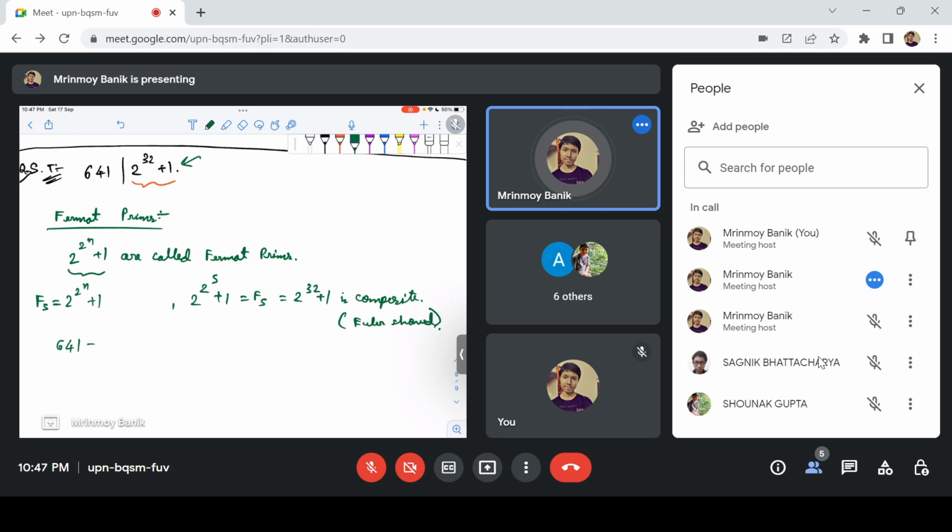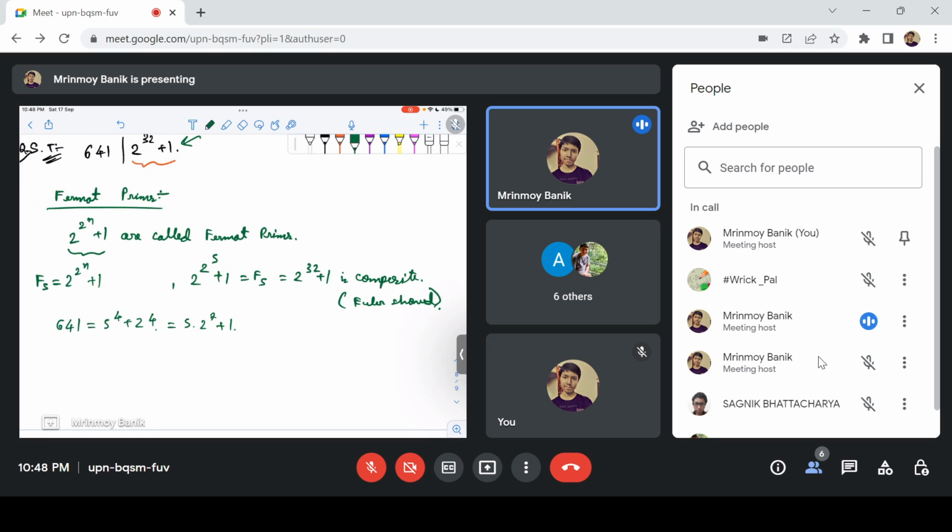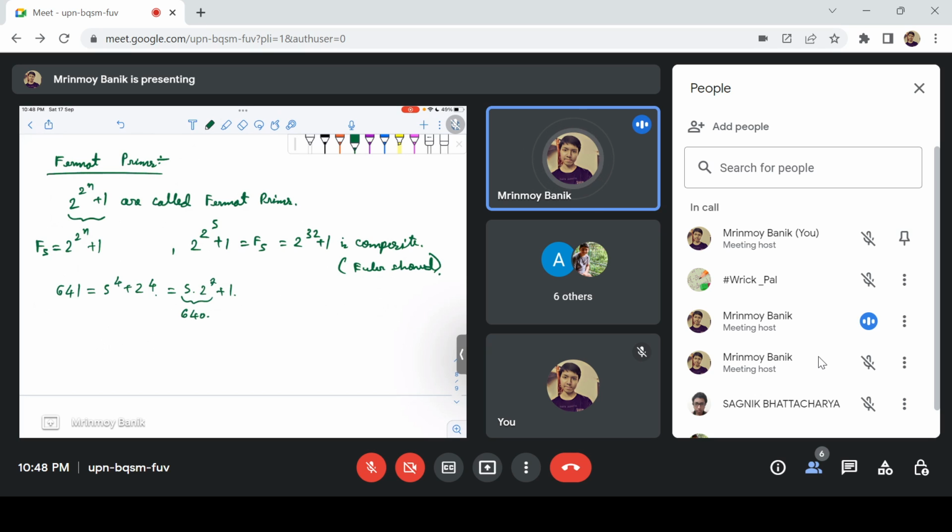First, 641, which is a prime number, can be decomposed as 5 power 4 plus 2 power 4, and it also can be decomposed as 5 times 2 power 7 plus 1. 5 times 2 power 7 is 640, since 2 power 7 is 128 and 5 times that is 640. So 641 has these two decompositions.